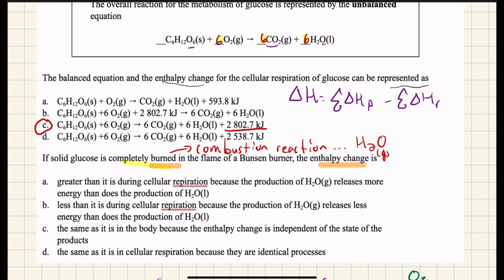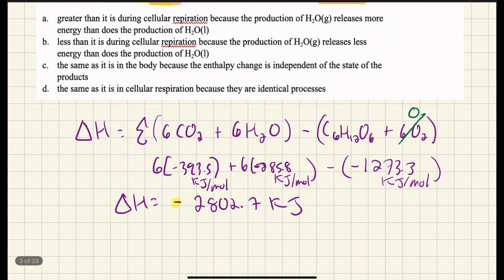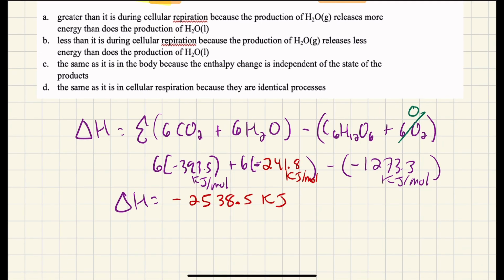So if we recalculate that, this small change here causes our enthalpy change of reaction to decrease by a significant amount. So about negative 2,538.5 kilojoules is the final.